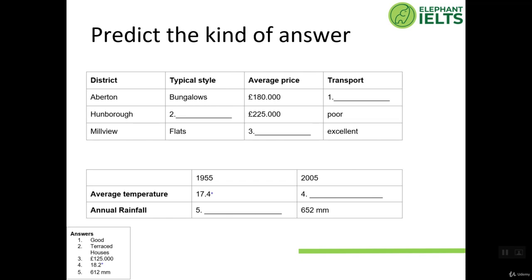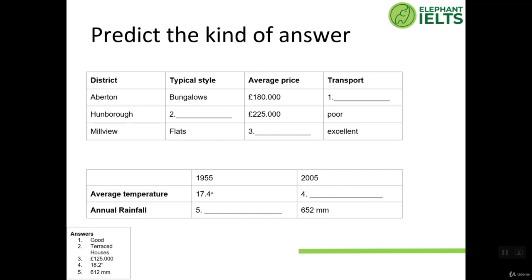So we predict that we're listening for another type of house, perhaps 2-story, detached or terraced. For question 3, I'm listening for a price, as it's in the column with house prices above. In question 4, the label of the horizontal column tells me that I need a temperature. And for question 5, I need a number with millimeters after it, as it's about the rainfall.